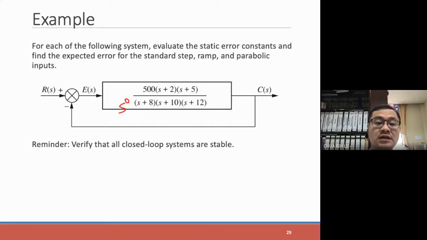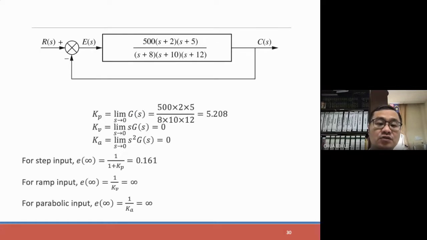So without solving for the steady state error, we just have to observe the static error constant for different types of input. For that we just have to check what Kp, Kv, and Ka are. So for Kp, just put in 500 times this and so on, when s equals 0.